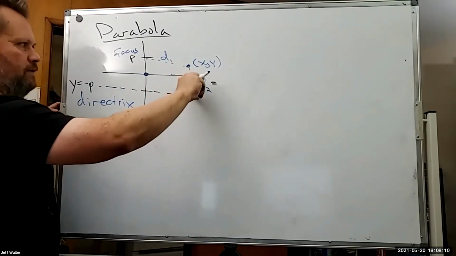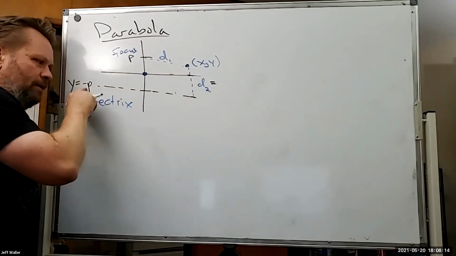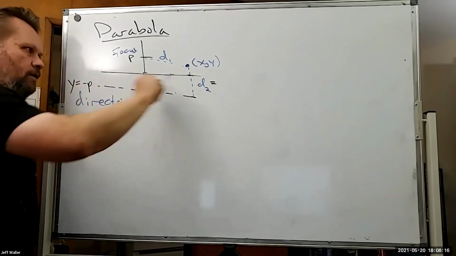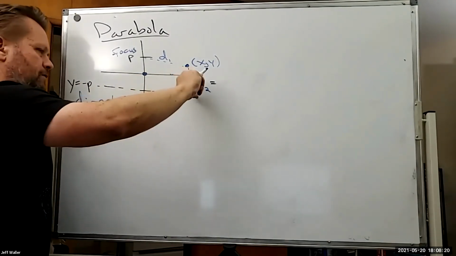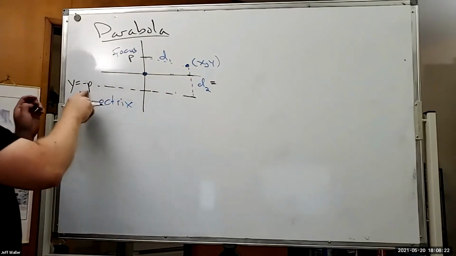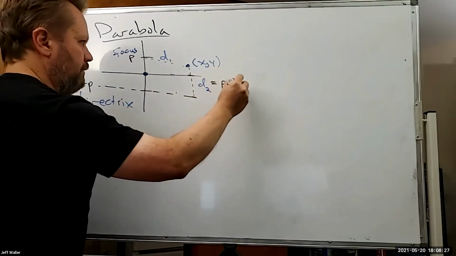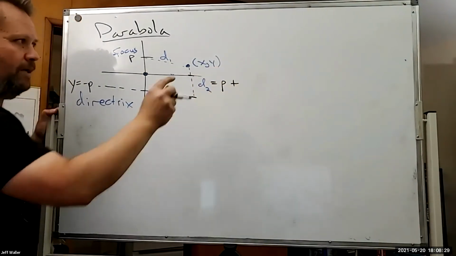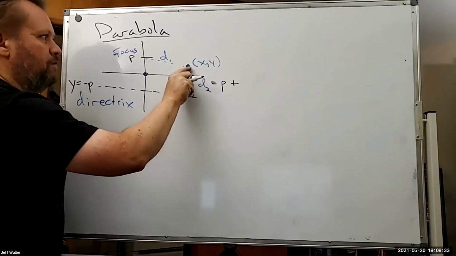It's going to be this plus this. How far is this? P. It's P. That's negative P. So it's exactly P down plus, somebody else tell me, how far is it to that point? How far up do I go?